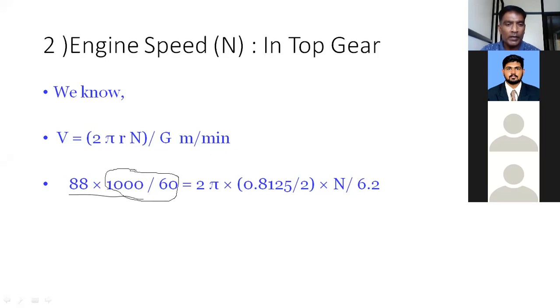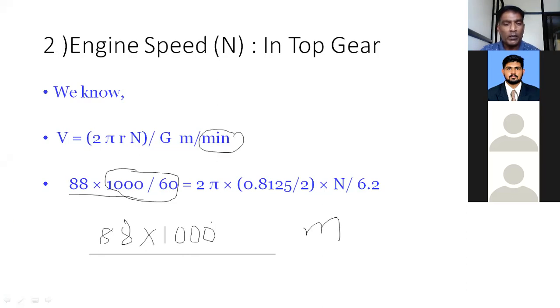So this is added: 88 kilometers multiplied by 1000 to make it meter, and to make it per minute divided by 60, because this is kilometers per hour.